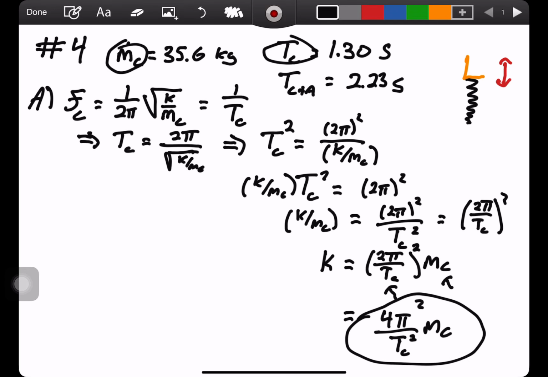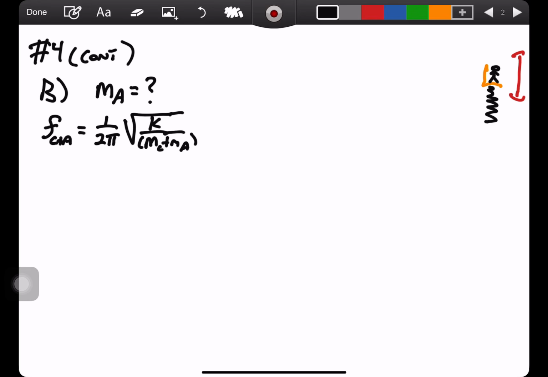You see how in part 1 it was just the mass of the chair right here. Now we have to account for both the mass of the chair and the mass of the astronaut. And again, remember, frequency is going to be cycles per second, so period is seconds per cycle. So this is equal to the reciprocal of the period, and I'm going to call it period C plus A.